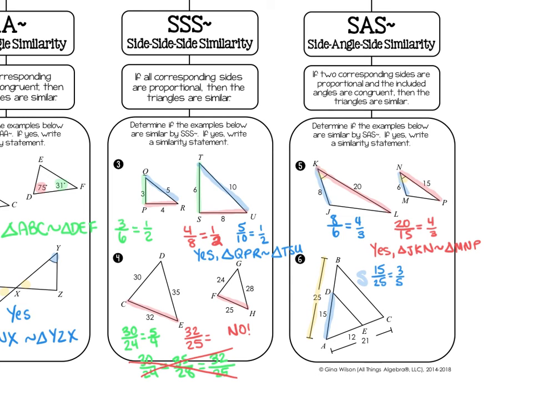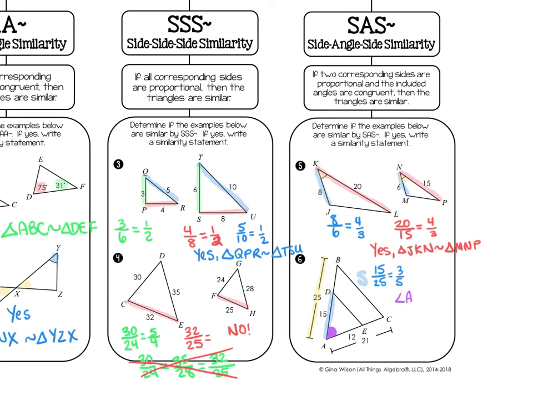And now we're going to look at the angle. So remember, we're looking at side, angle, side similarity. So now I'm going to look at the angle in between. And in this case, angle A is the angle that we're looking at, because based on the reflexive property, we want to see if angle A is congruent to angle A, which obviously it is.